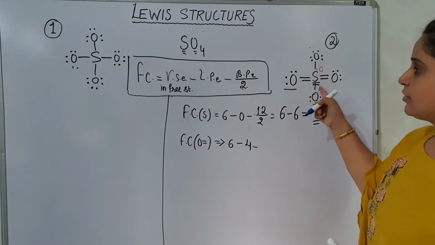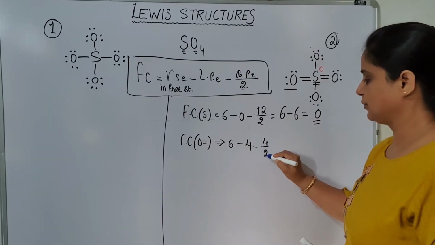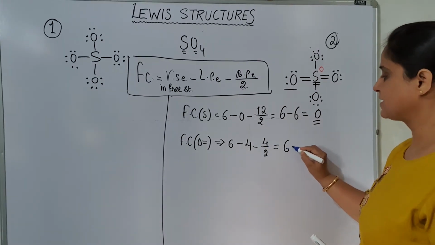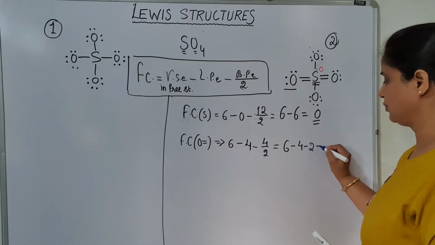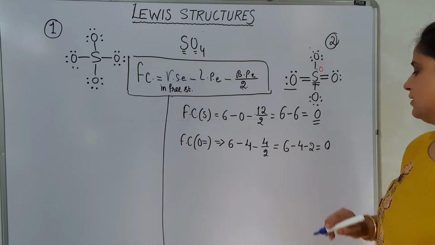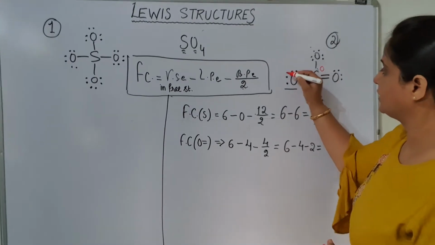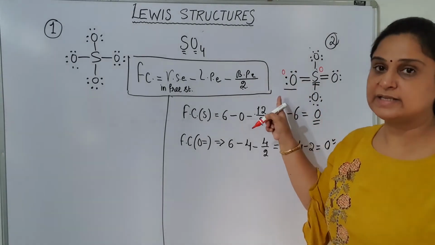How many bond pair electrons are there? 1, 2, 3, 4. 4 divided by 2. So how does it become? 6 minus 4 minus 2, and it becomes 0. So the formal charge on this double bonded oxygen is 0.